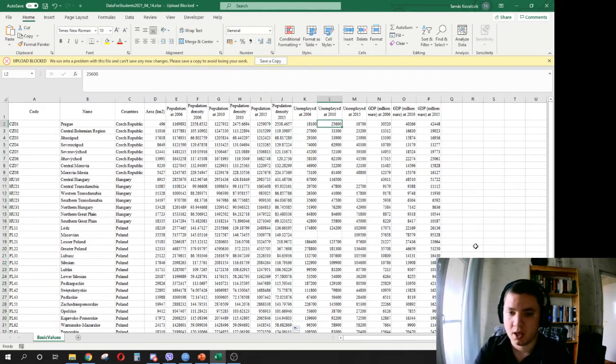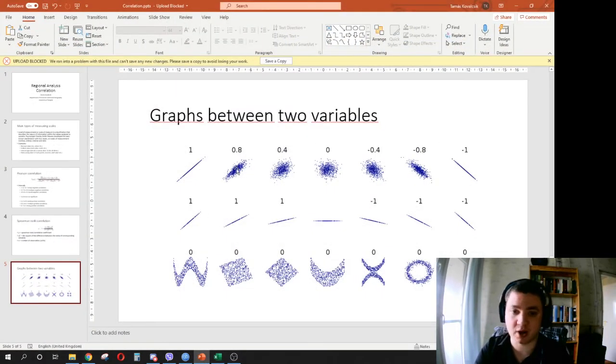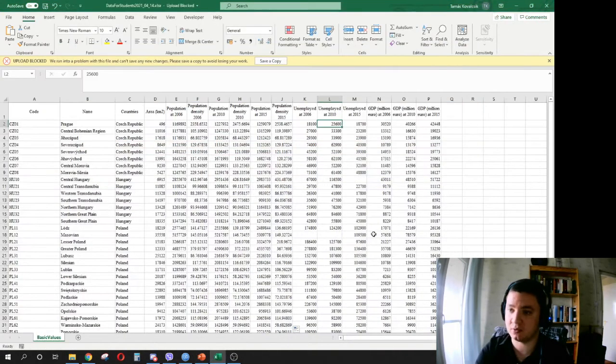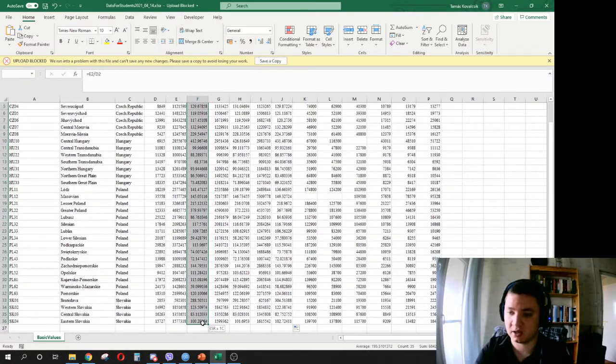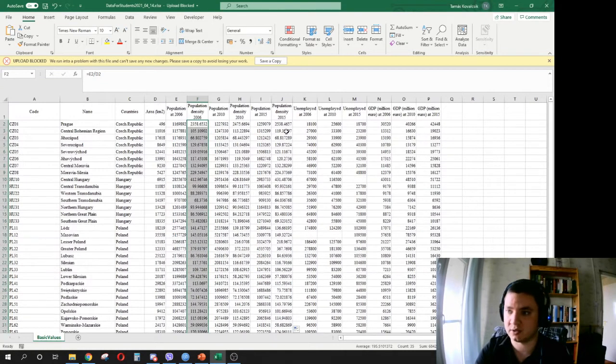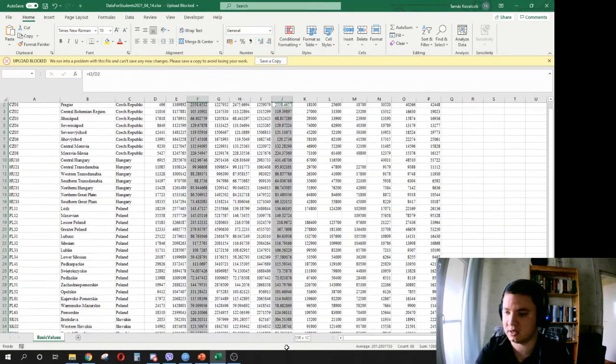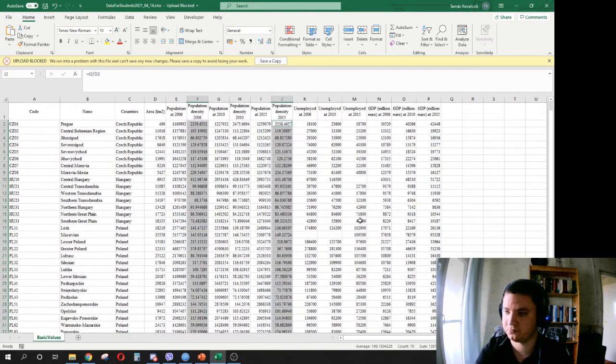Okay, first of all, if we want to make such graphs for two variables, we can make them in Excel. For example, select the population density in 2006 and population density in 2015 with the control button.